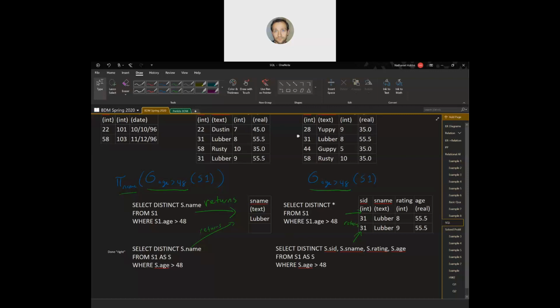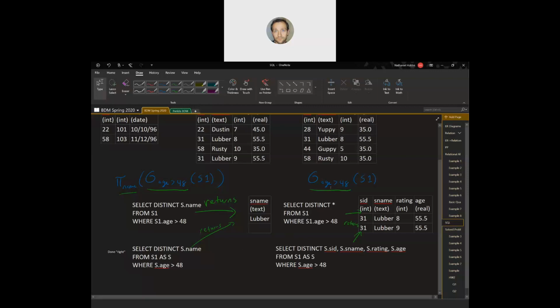For this class, the next class is delving into what is actually happening here with the SQL stuff. But I wanted to emphasize again why we studied relational algebra and the fact that it's a very easy thing to go from relational algebra into SQL.